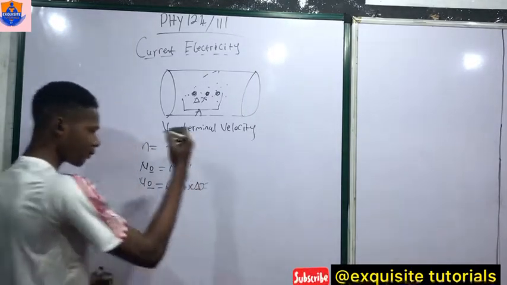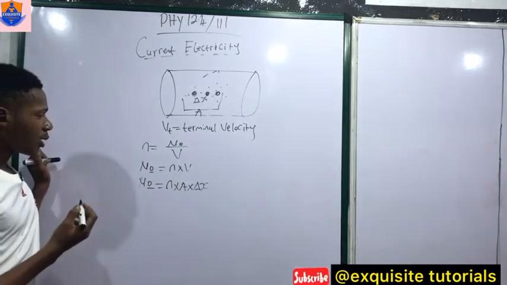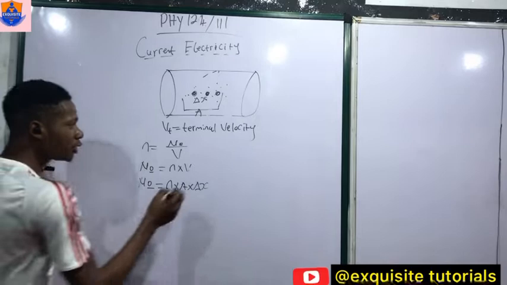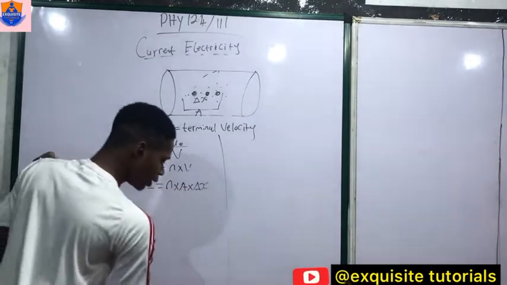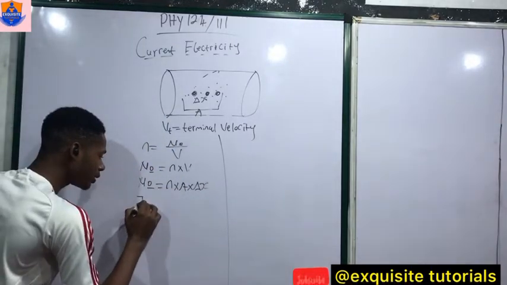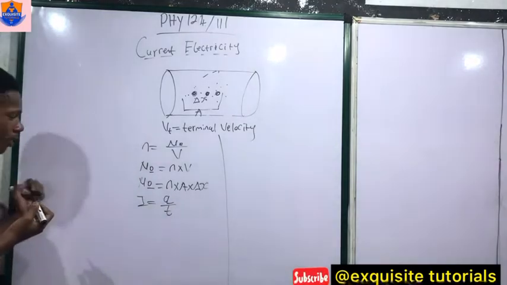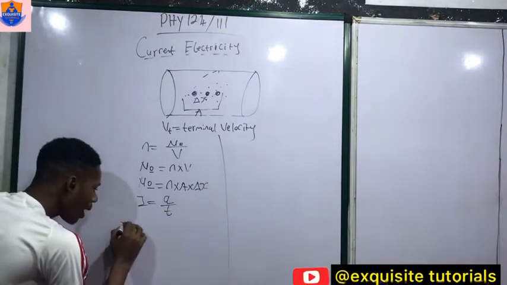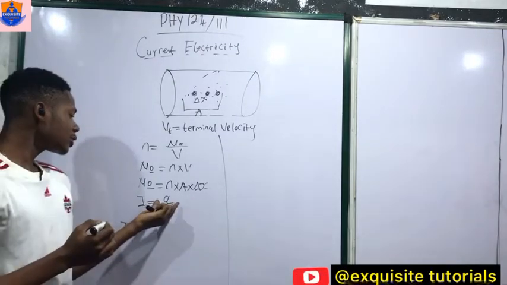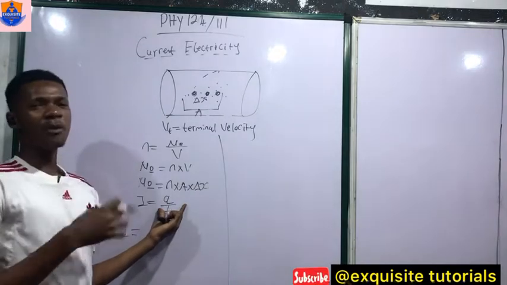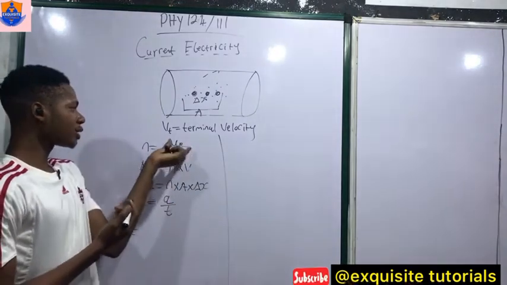Now, if you recall, current is the number of electrons or charges moving through a particular conductor in a unit time. Current is equal to charge over time. From here, I is equal to, this formula is only true when we are having a unit charge. Now, what if we are having multiple charges in the conductor? Example, N0.